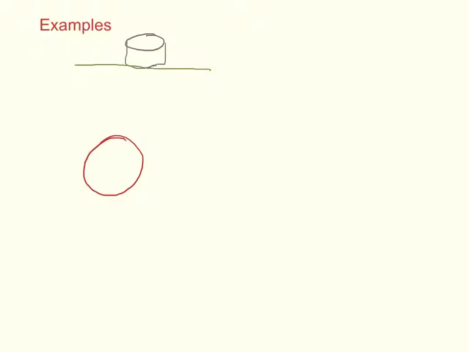So here are some examples. We have a cup. Yes, I know, lovely drawing. We have a cup that is sitting at rest on an object, like a table. Now this cup is going to remain in this position forever unless another force acts on it, causing it to speed up, slow down, or change direction.